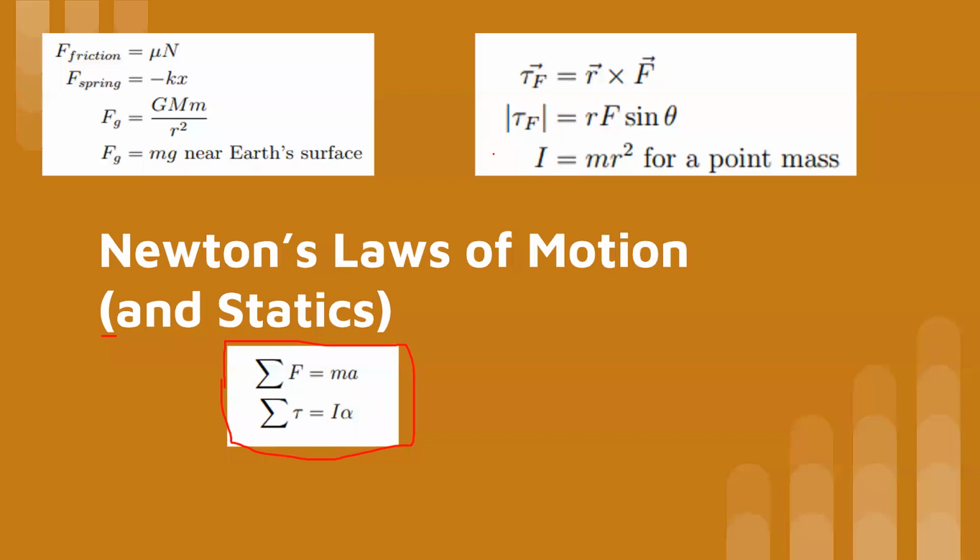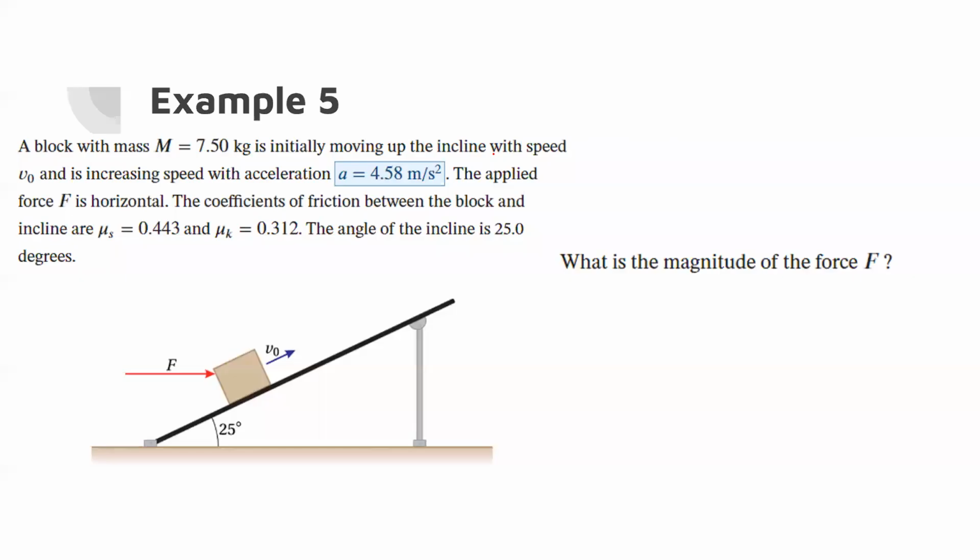We'll go over a couple different problems. This one is probably the one we'll spend a lot of time on. But we'll just jump into some of the questions that we have. So, for example, a block on an incline like this.